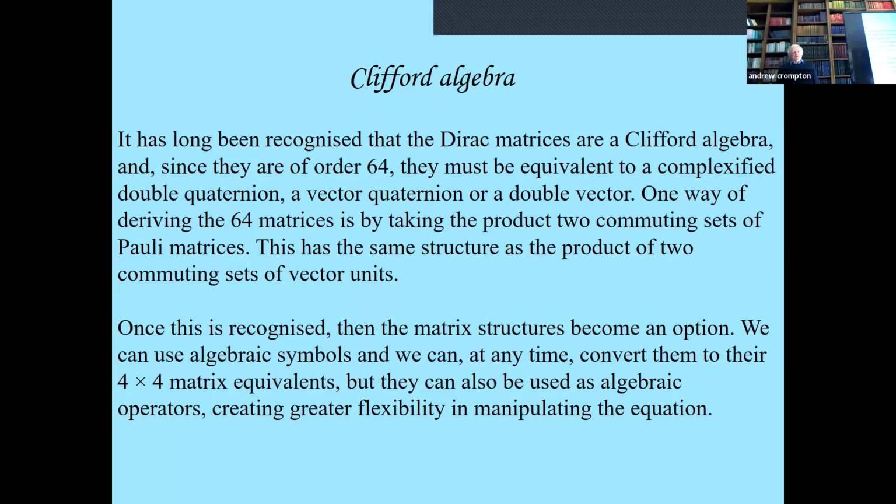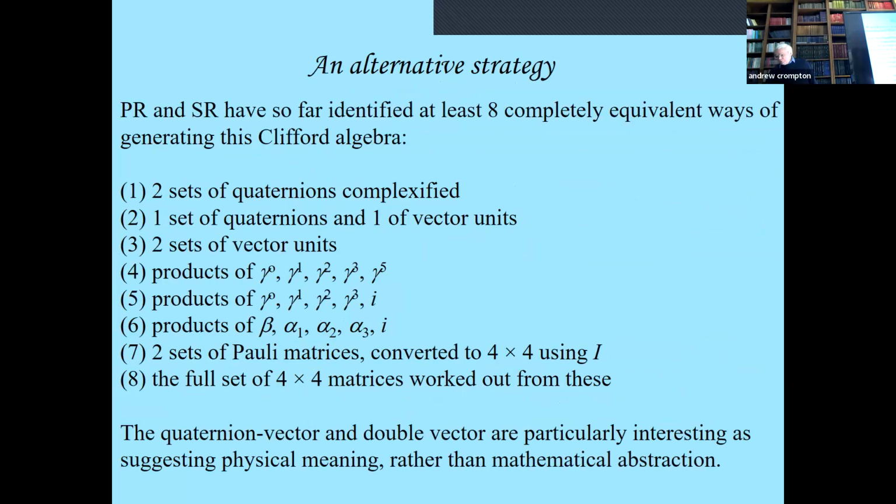So once you recognize this, the whole matrix structure is an option. We don't have to use Dirac's matrices or anybody else's version of them. They're useful in many ways, but they're not as useful as other methods of doing it. We can use algebraic symbols and at any time convert them to vectors if we choose. We get much more manipulability if we do that.